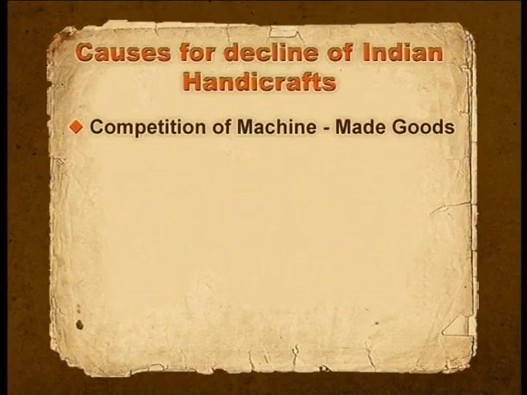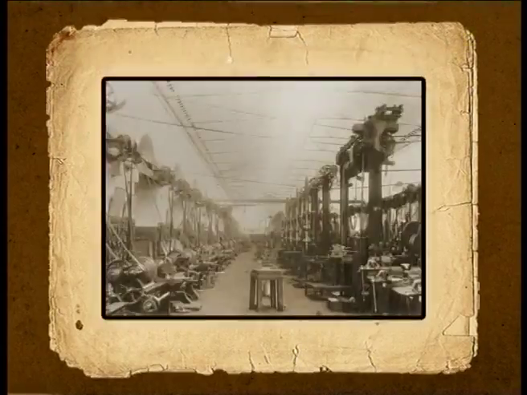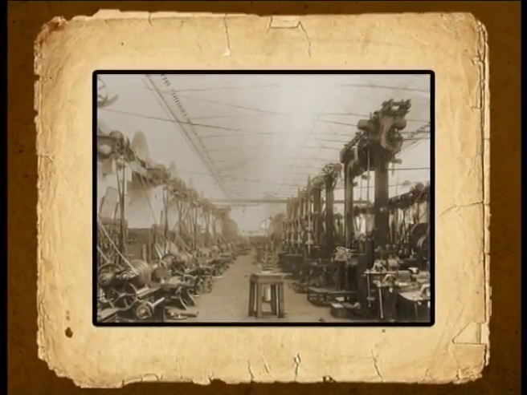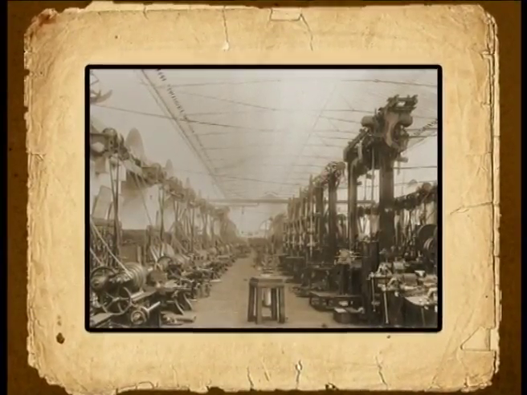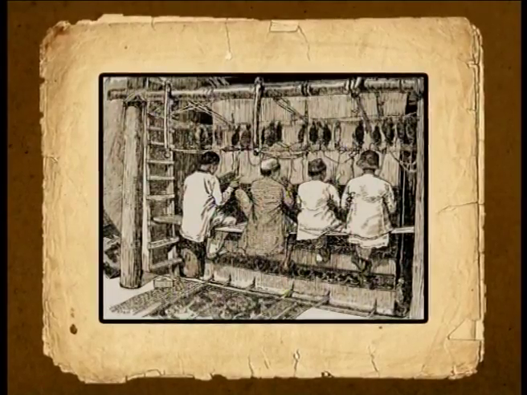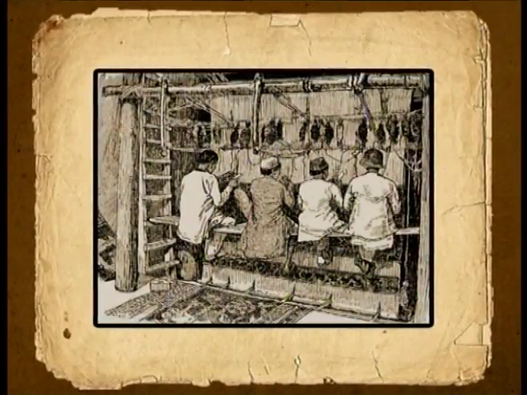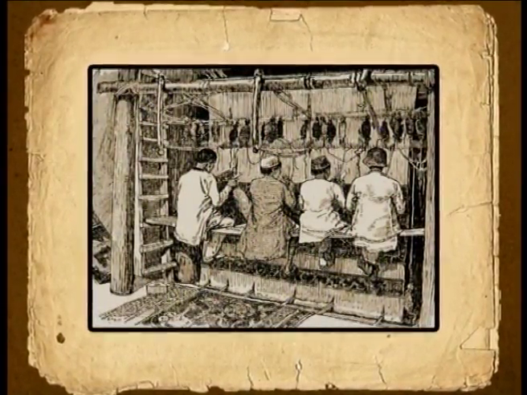Competition from machine-made goods was directly problematic for the Indian handicrafts and handloom industries, because they could not survive that competition. And it was not only about the decline of handicrafts.